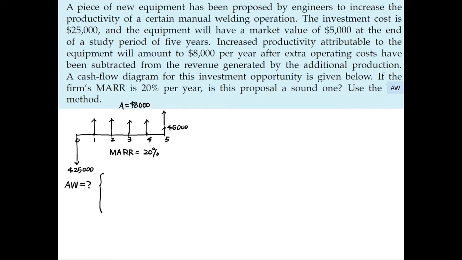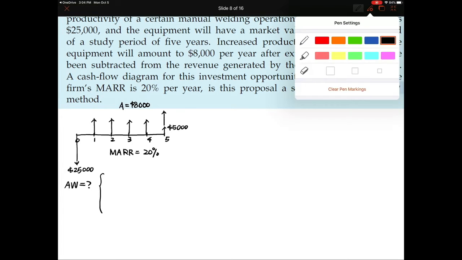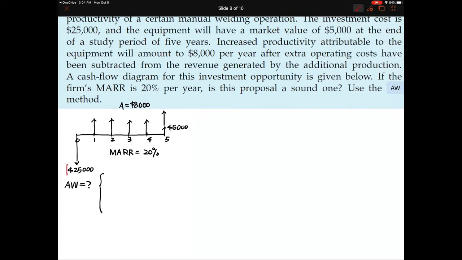And we know that AW comes from three parts. First part, you need to convert this 25,000 present value to annuities. And the second part, you have this annuity. It is already annuities, so you don't have to convert it. You just copy it.